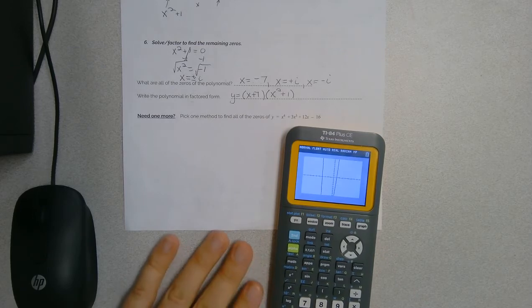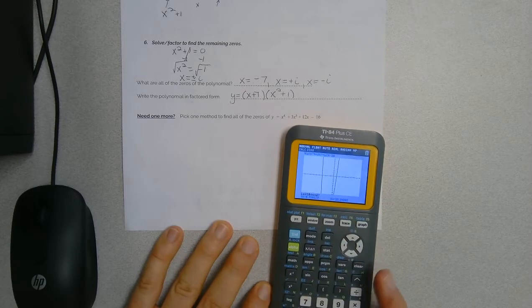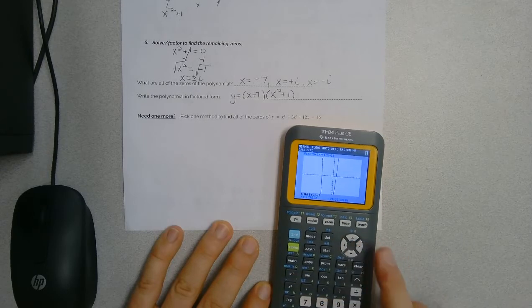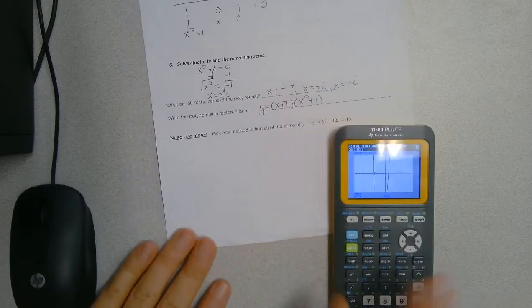And it looks like I have 2 roots. So I'm going to calculate those. And we have x equals -4.